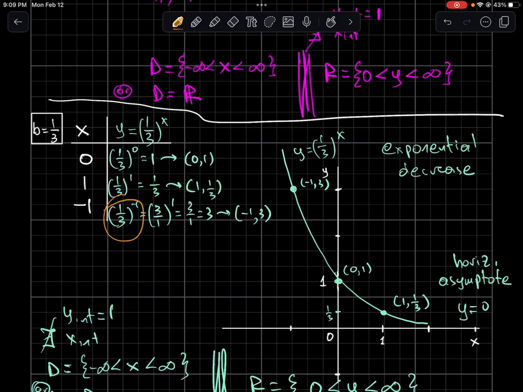Anything to a negative power flips, so 1 over 3 becomes 3 over 1 and the power becomes positive. And anything to the first power remains unchanged, so 3 over 1 to the first power is basically 3 over 1. Now 3 over 1 is of course 3, and that gives me those 3 points: 0, 1; 1, 1/3; negative 1, 3.